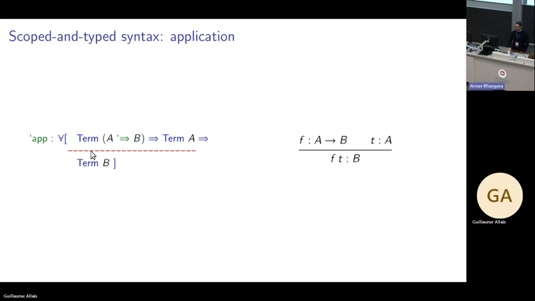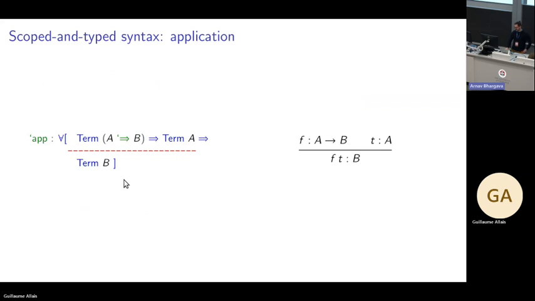Then overall, this constructor, which will be an application node in our parse tree, will have a type corresponding to the codomain of the function. We can see that all of the invariants described by the typing rules on the right-hand side are enforced in the introduction rules for the family we're describing.